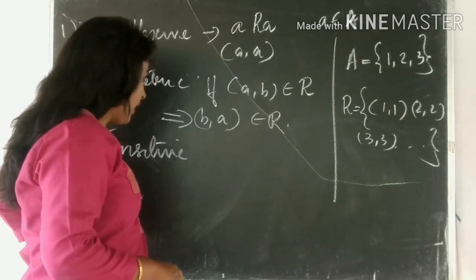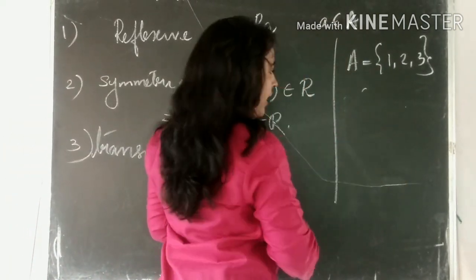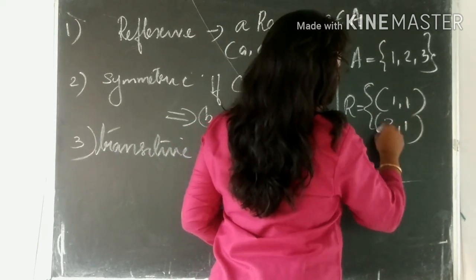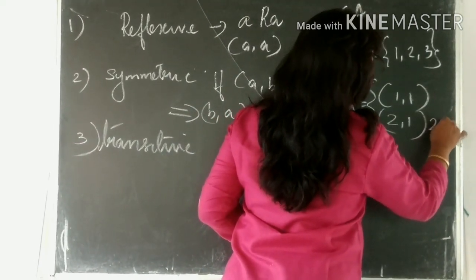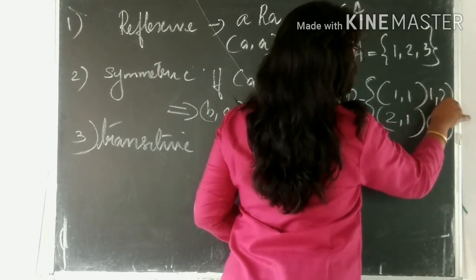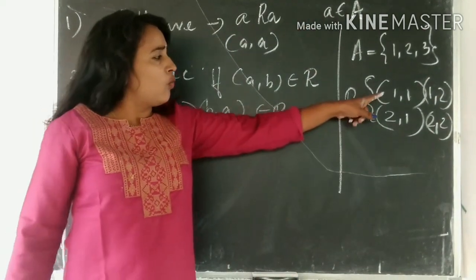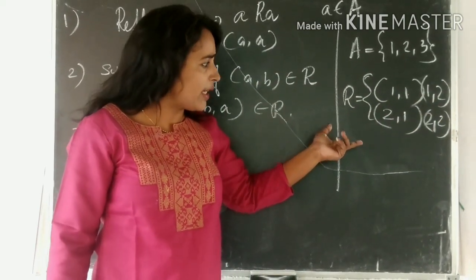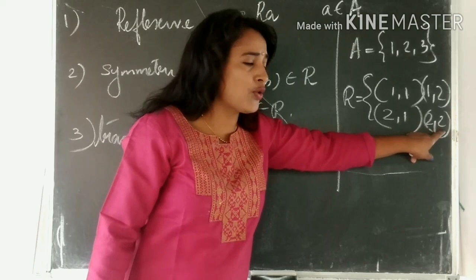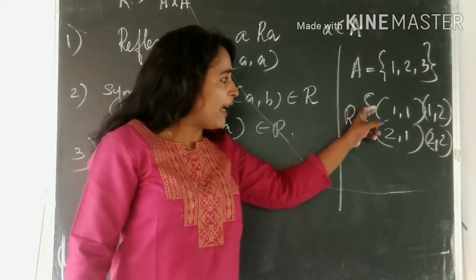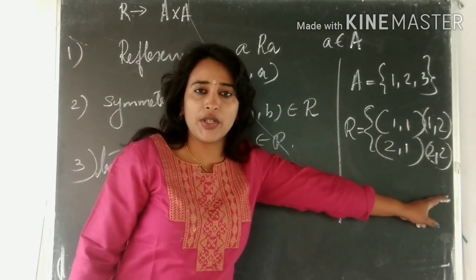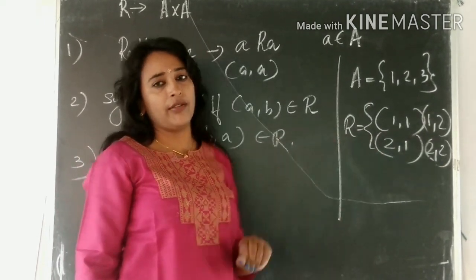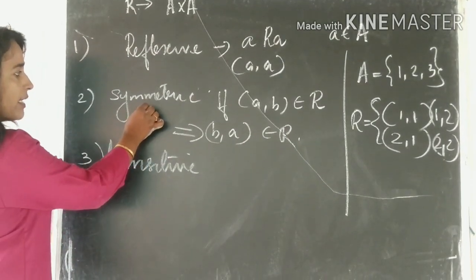Suppose here we discuss the set A, 1, 2, 3, and there is a relation R with ordered pairs 1, 1, 2, 1, 1, 2, 2, 2. Now listen, 1, 1, okay. For 1, 2, the reverse is 2, 1. Is there 2, 1? Yes. For 2, 2, the reverse is 2, 2. For every ordered pair in the relation, the reverse is also present in the relation. Therefore, it is symmetric.